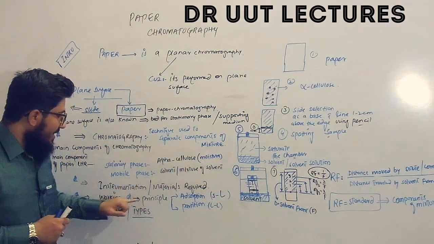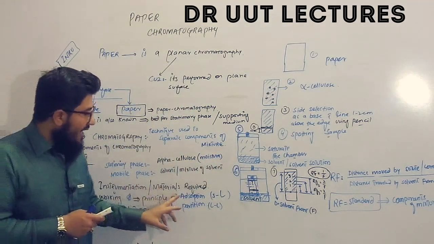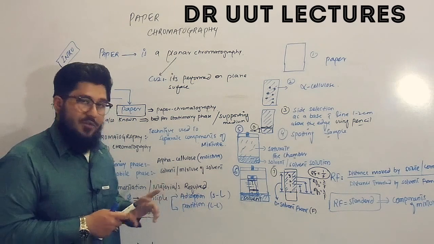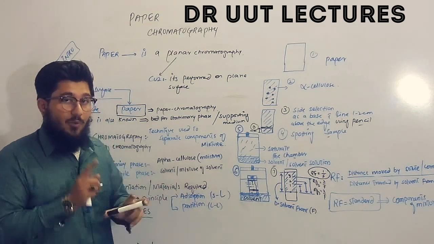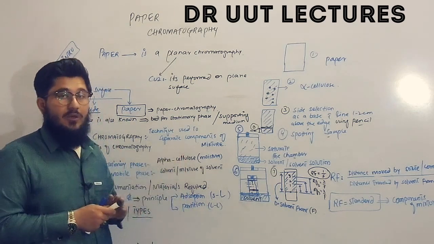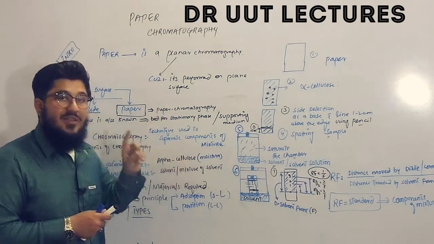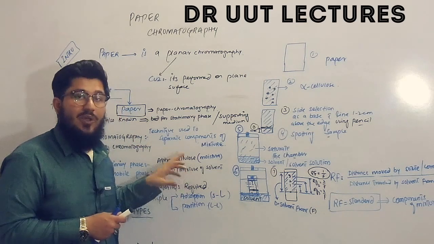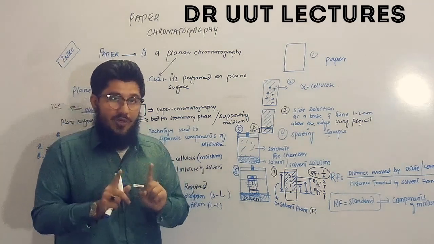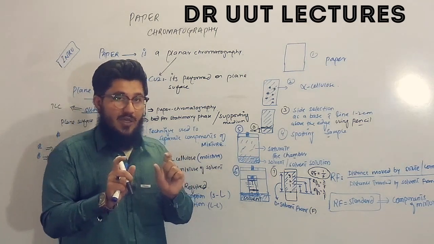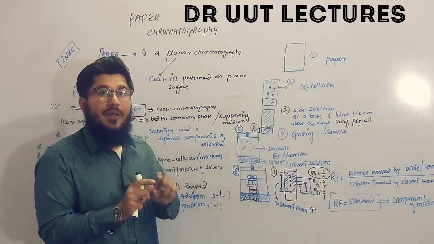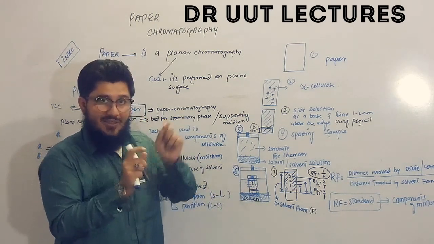Now let's come to the next point, that is principle. Here I have mentioned adsorption and partition. Now these are the 2 principles, but only one principle is valid for this chromatography. Now we told you that our stationary phase is a liquid and our mobile phase is also a liquid. So when there is a liquid mobile phase and liquid stationary phase, the sample will separate by interacting with both the phases.